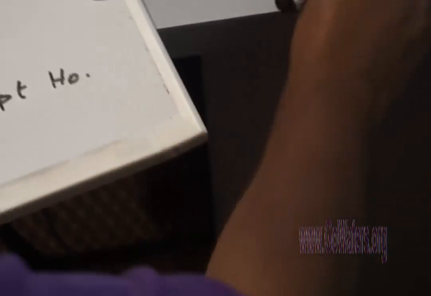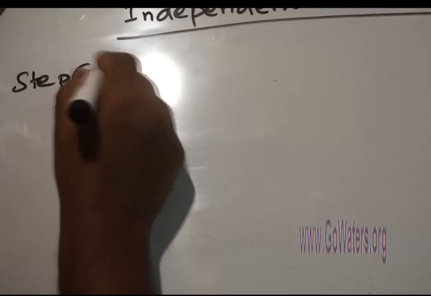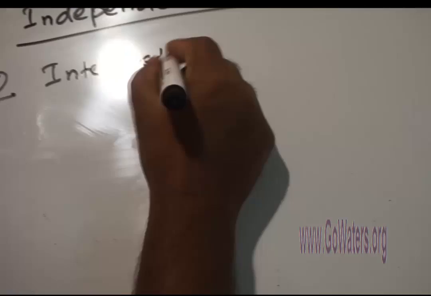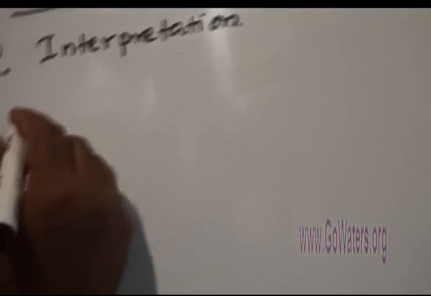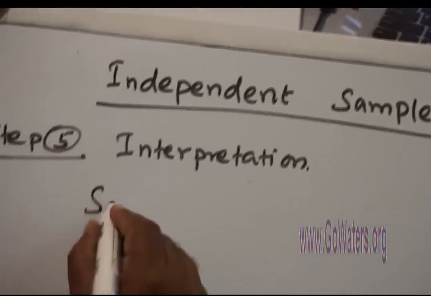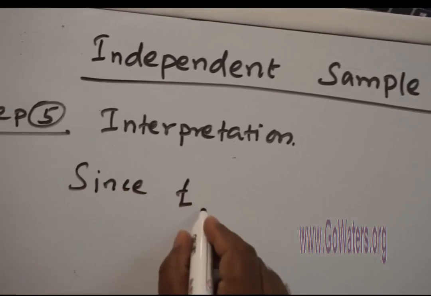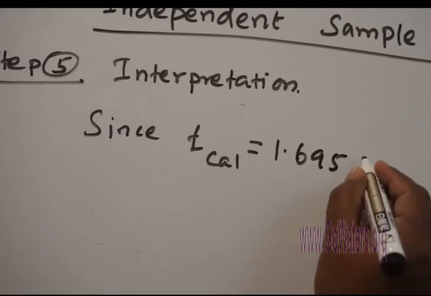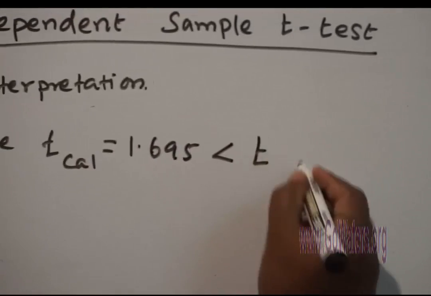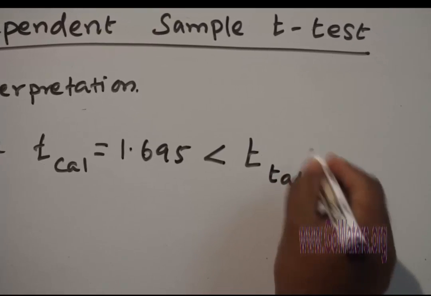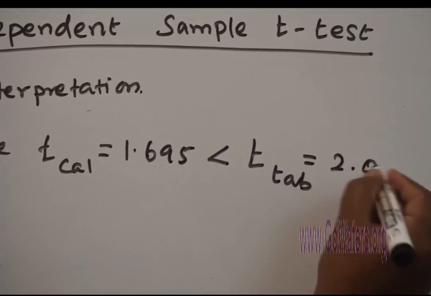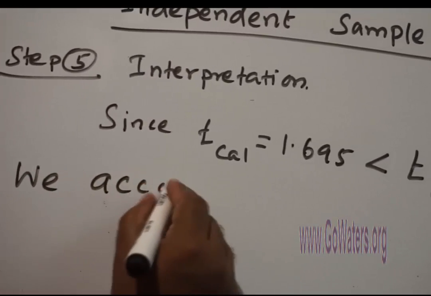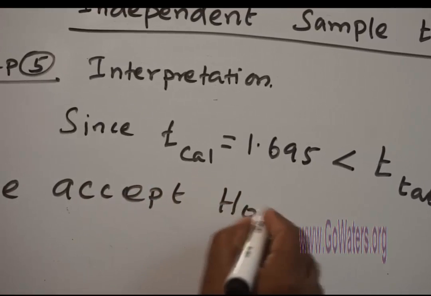Now I have to give the interpretation based on this result. Since the t calculated value, which is equal to 1.695, is less than the t tabulated value, which is equal to 2.060, we accept H0.